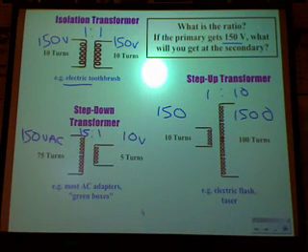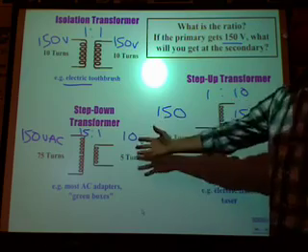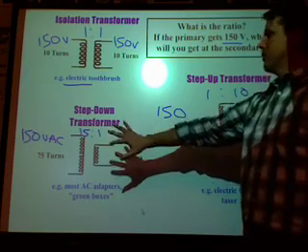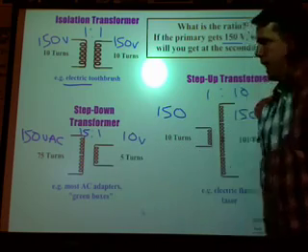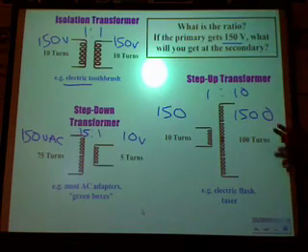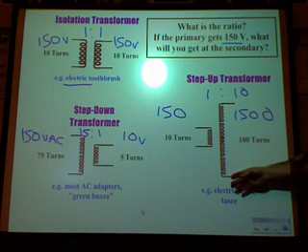You should have a definition for a step up, step down, and isolation transformer. Your step down definition should say something like the secondary coil has fewer turns, the voltage is decreased. Give an example like the green boxes or the AC adapter. For your step up transformer, you say the secondary has more turns.